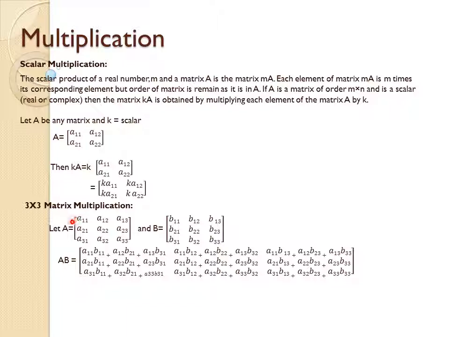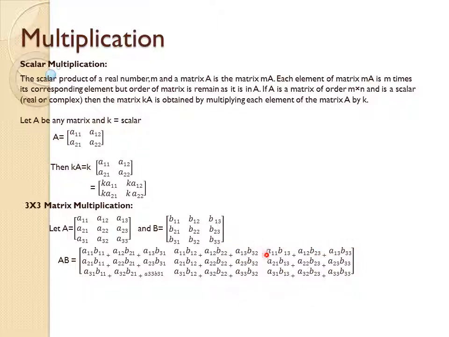So how? A11 into B12, A12 into B22 and A13 into B32. How will the third element come? The first row and third column: A11 into B13, A12 into B23, A13 into B33.